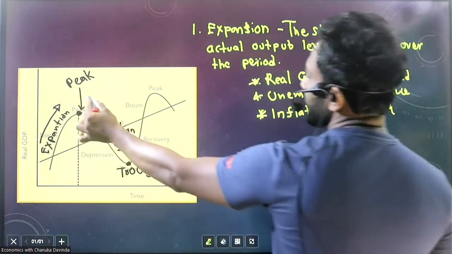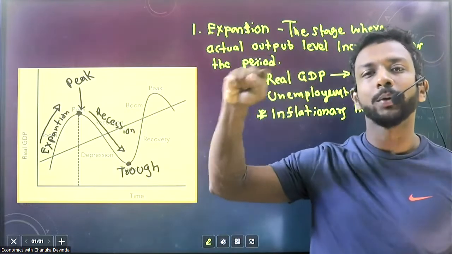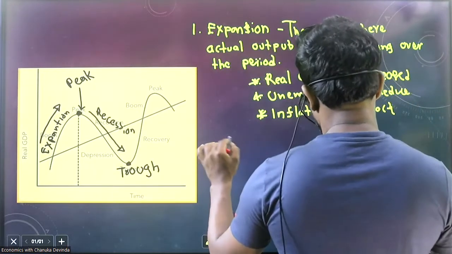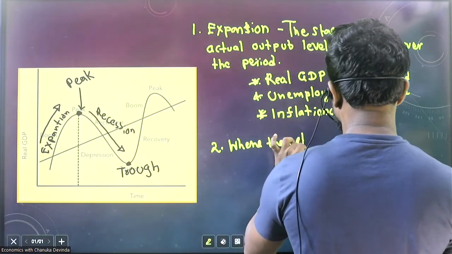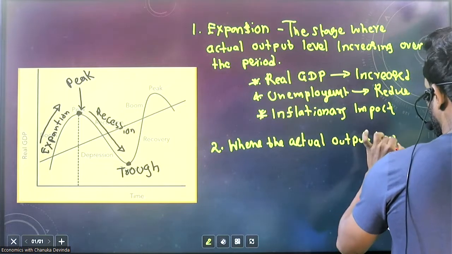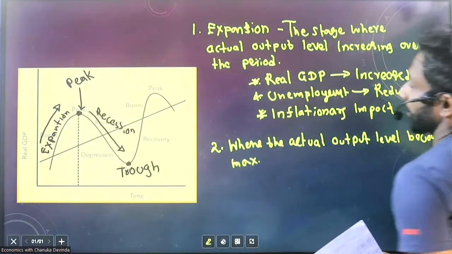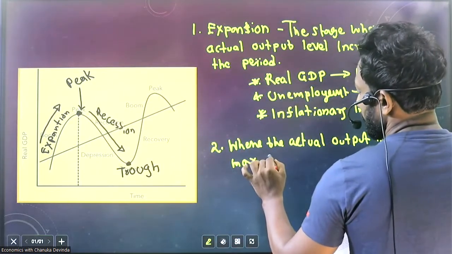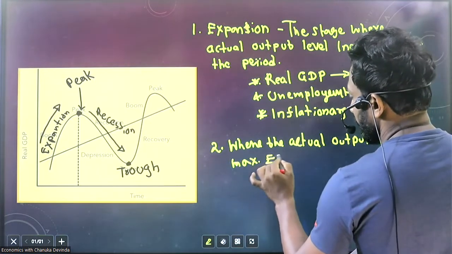Next, the second one is peak. Peak is the maximum output level, meaning actual output becomes maximized at the peak. We'll write down: the point where the actual output level becomes maximized, or the point where the expansion ends and recession starts.